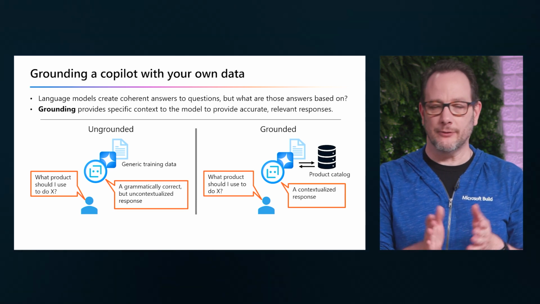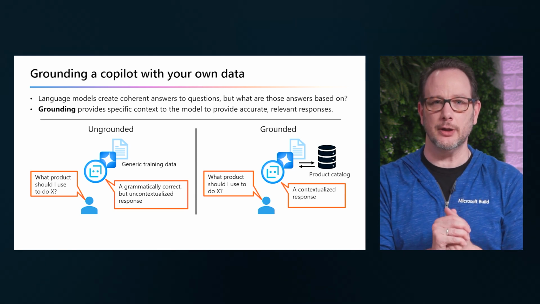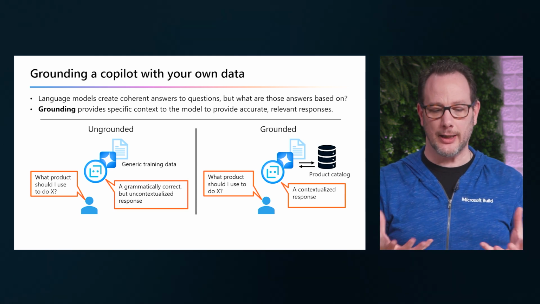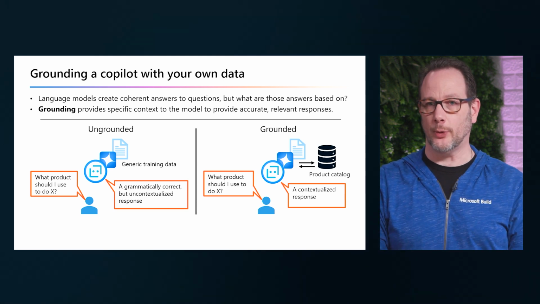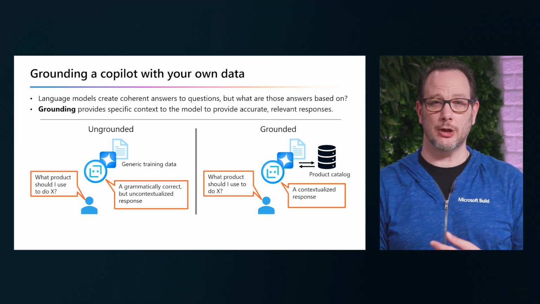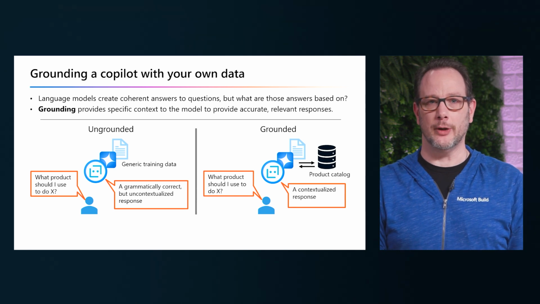So I got one example, on the left-hand side, where we're going to use our chat completion with ungrounded scenarios. It just relies on the data that it's been trained on. Now, by the way, if we go back all the way to our conversation about different large language models, it also helps you with grounding.